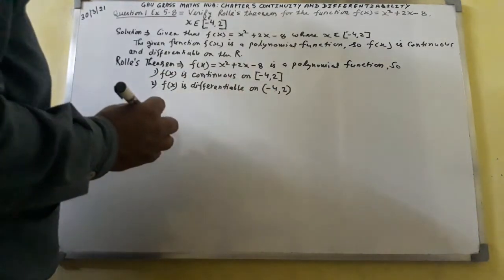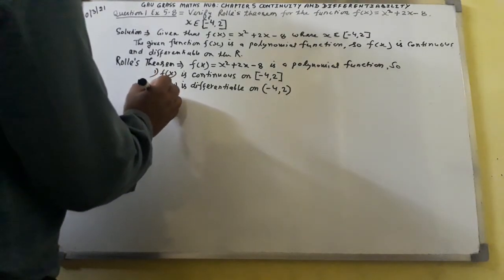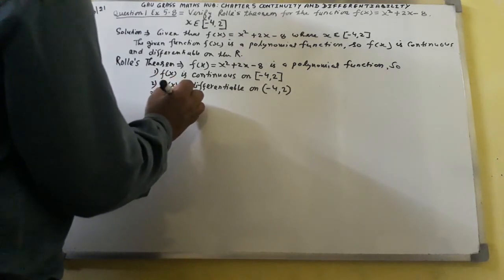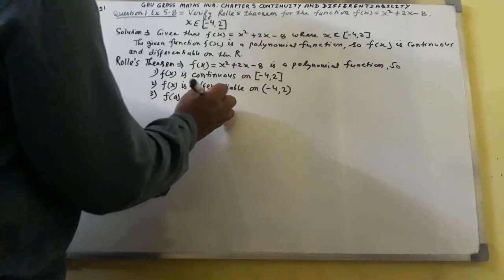And here again I shall write three, f of a equal to f of b.